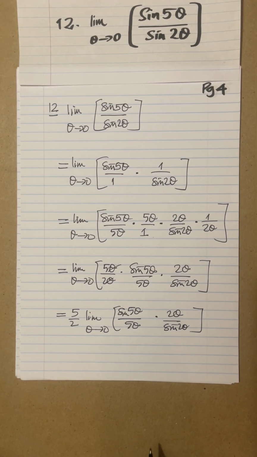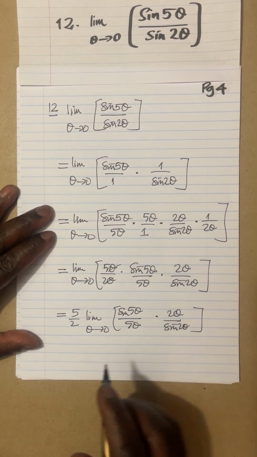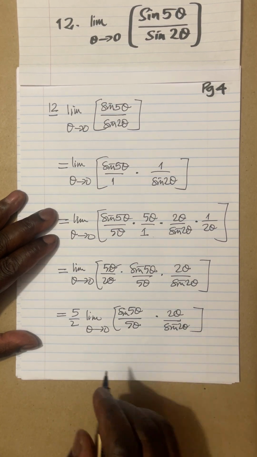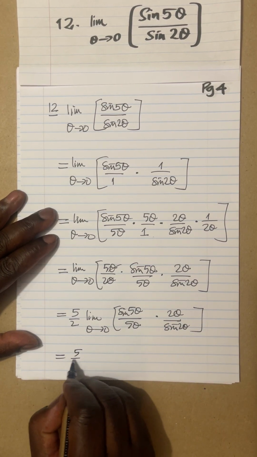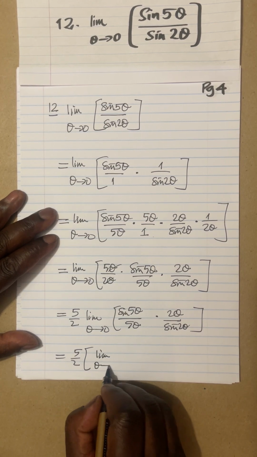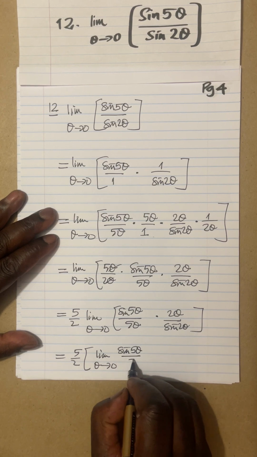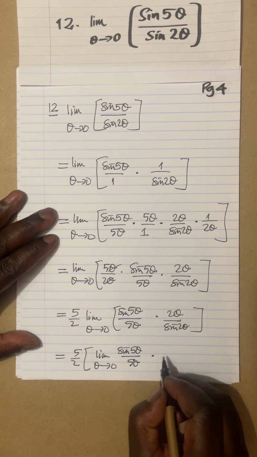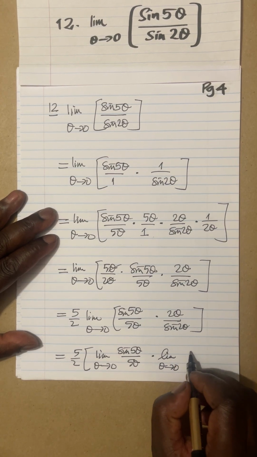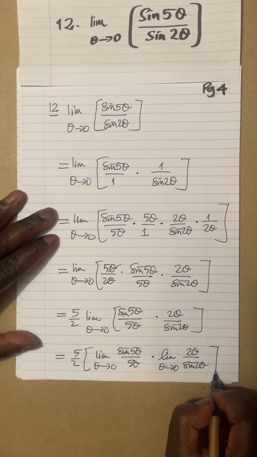Now, properties of limits. The limit of a product is the product of limits. So I'm going to take the limit of this and the limit of that and multiply the two. So this is 5 over 2 times the limit as theta approaches 0 of sine of 5 theta over 5 theta, times the limit as theta approaches 0 of 2 theta over sine of 2 theta, like that.